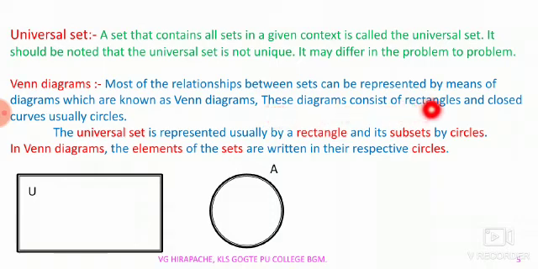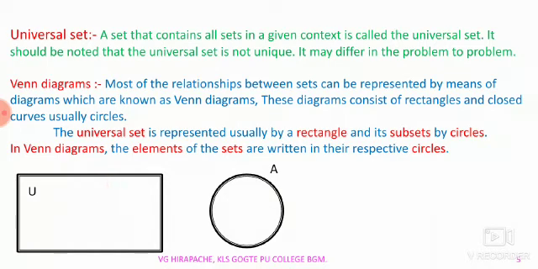These diagrams consist of rectangles and closed curves, usually circles. The universal set is usually represented by a rectangle and its subsets by circles in a Venn diagram. The elements of the sets are written in their respective circles. The rectangle represents the universal set and the circle represents a subset.